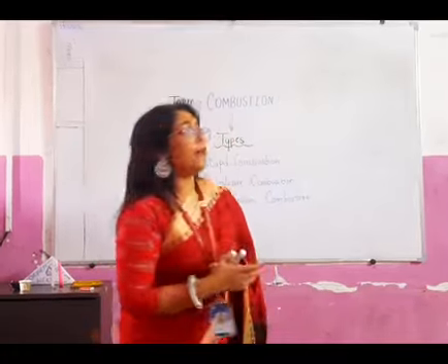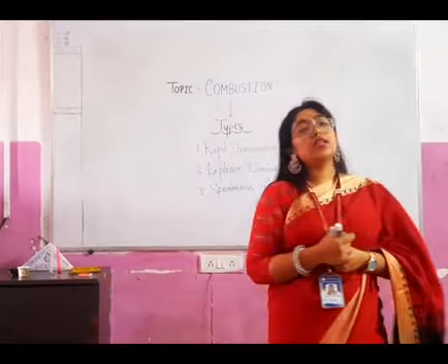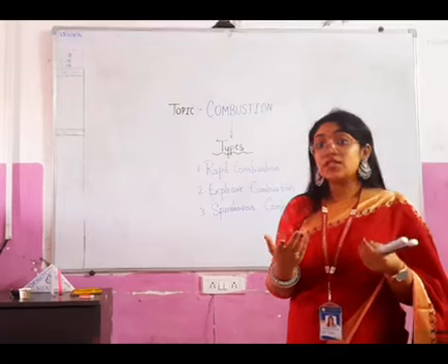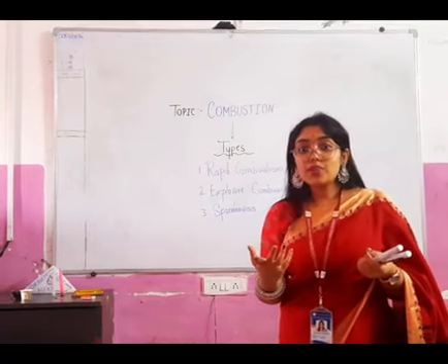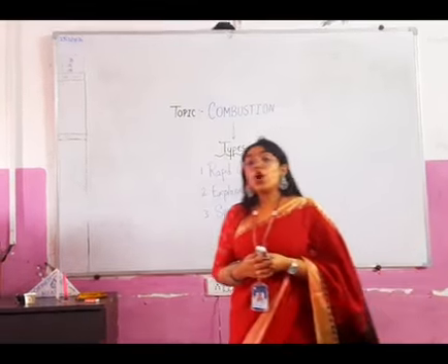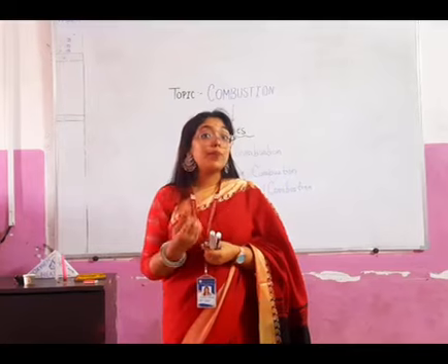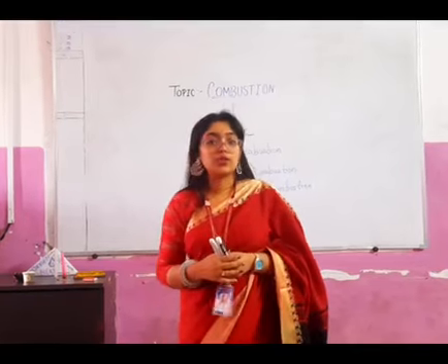Another example I can give you: maybe you have heard news that in firecracker factories a fire broke out, right? Why does this happen? Because phosphorus is such a substance that can burn at room temperature also.